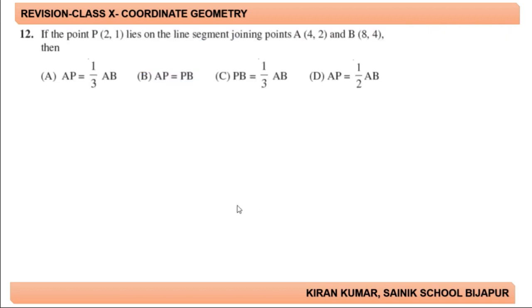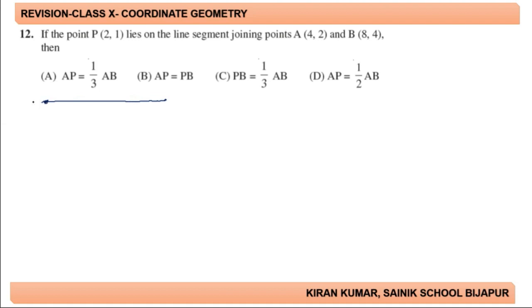Let us discuss 12th question. If the point P (2, 1) lies on the line segment joining the points A (4, 2) and B (8, 4), then we have to identify which of this relation will hold true. Let me mark 2 points and join them.